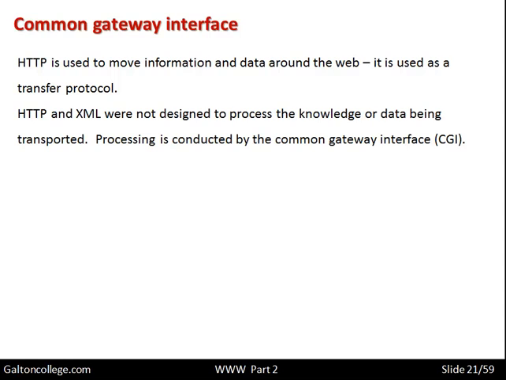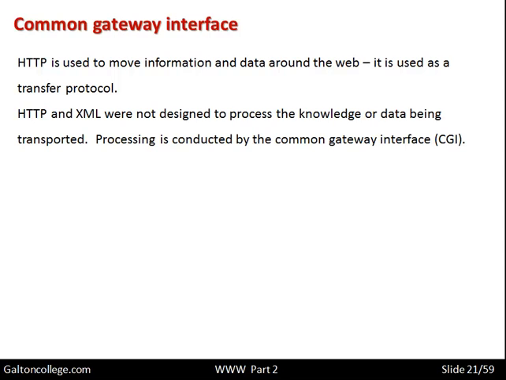They don't process the information. The information is processed by CGI. The job of HTTP is essentially to move the information, to move it from the server to the user, to find it somewhere, get it onto the server and deliver it to the user. That's HTTP. CGI is processing the information.